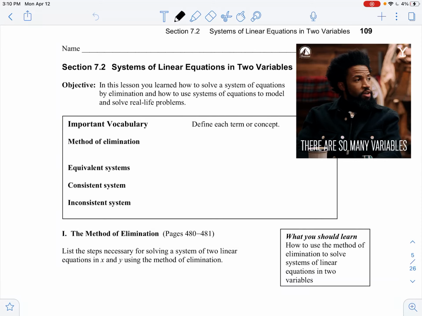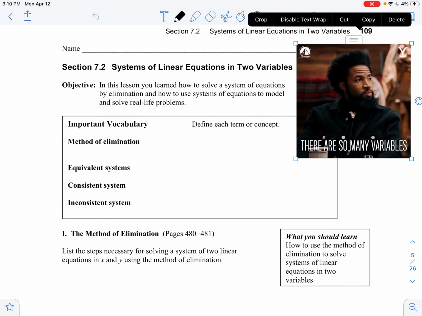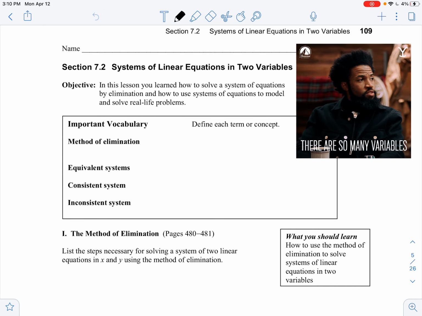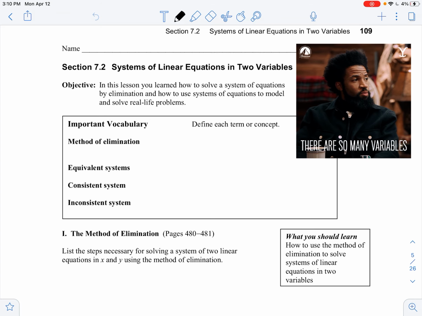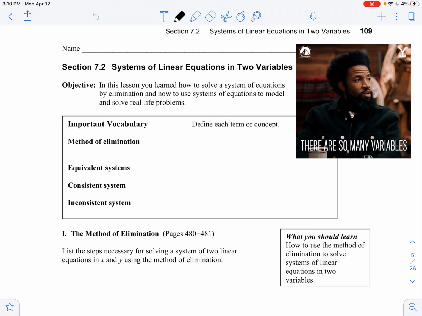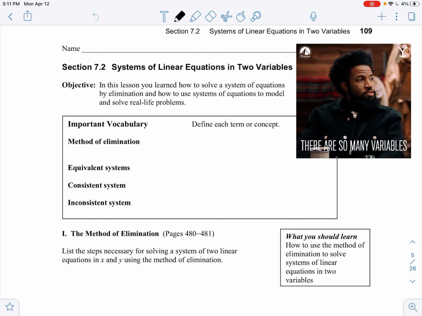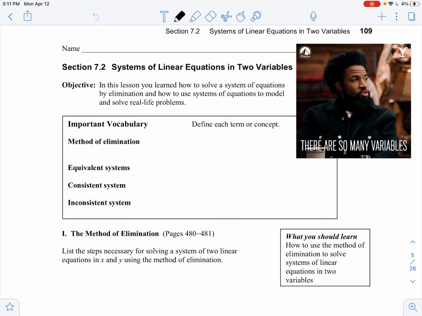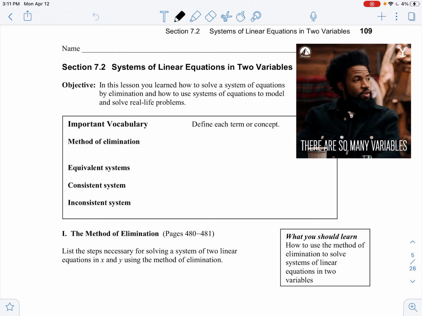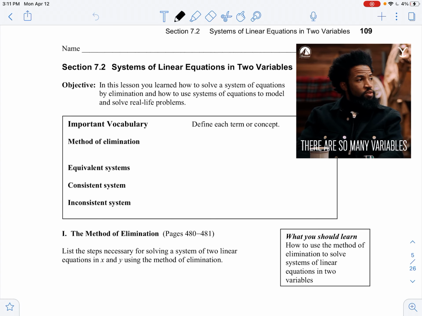Hey guys, we're back. And now we're talking about systems of linear equations in two variables and the elimination method. I'm sure that you're feeling like there's so many variables, but for now, what's nice is that there's just two variables, which means that once you solve for one, you just have to plug it back in and solve for the other, which is really nice.